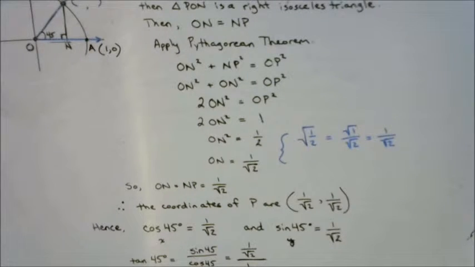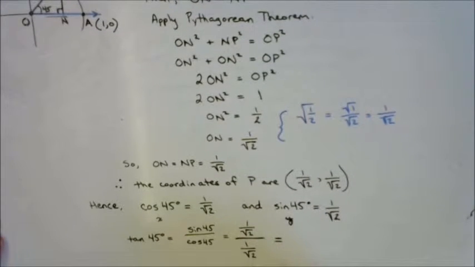And whenever you have a fraction with the same numerator and denominator, what's that equal to? Just 1. So the tangent of 45 is 1.